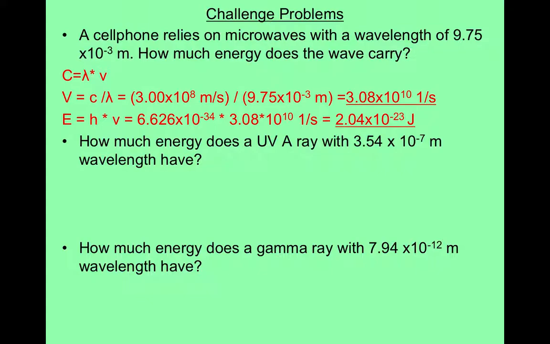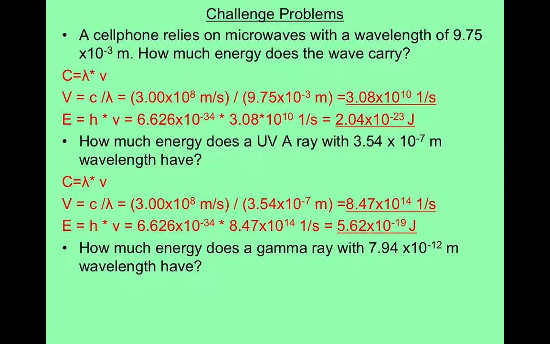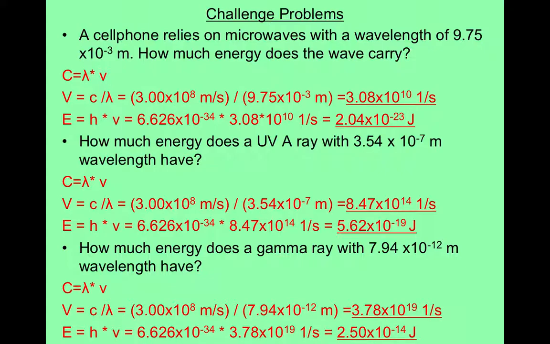Now, the other problems are really the same type of thing. What's going to be interesting is the comparisons that we can do when we get done. So if we look at these three waves, my question for you here is which of these three waves would potentially cause the most damage to living tissue, and why?